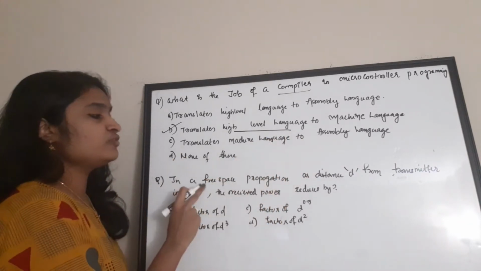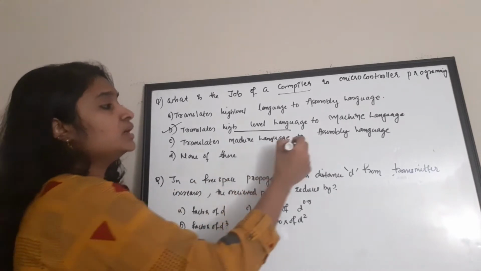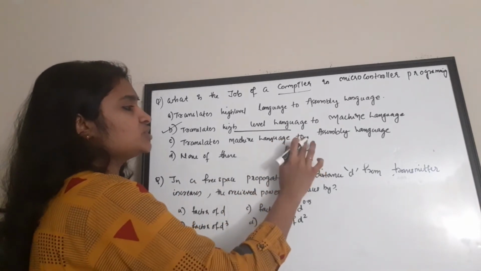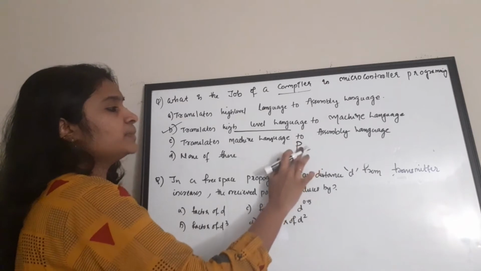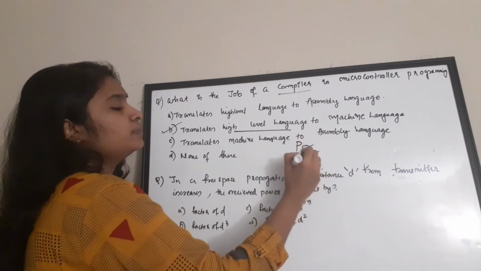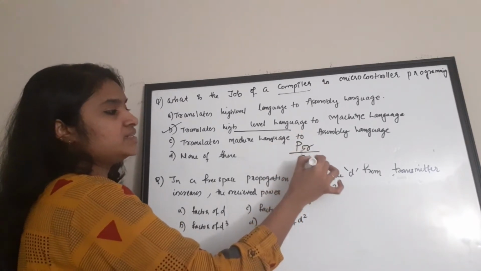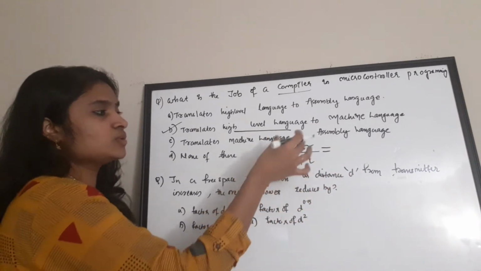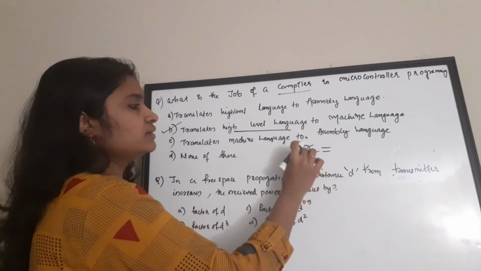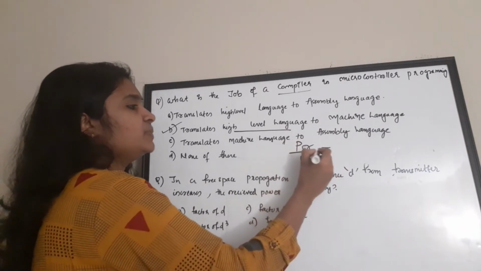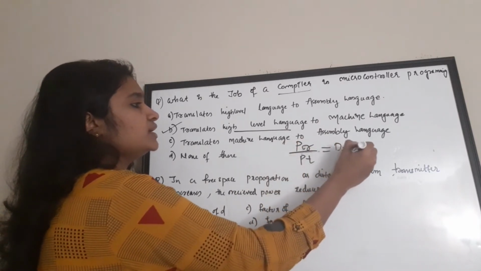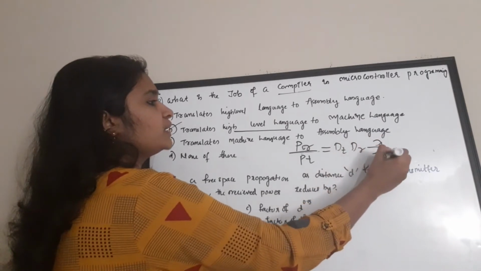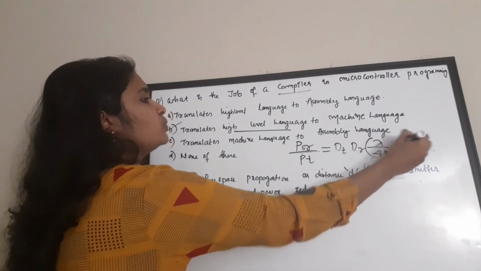In the case of a free space propagation, the path loss equation for the received power by transmitted power, PR by PT, is equal to, or you can write PR is equal to PT into, you can also write that. So anyway, PR by PT is equal to Dt into Dr into lambda by 4 pi d, the whole square.